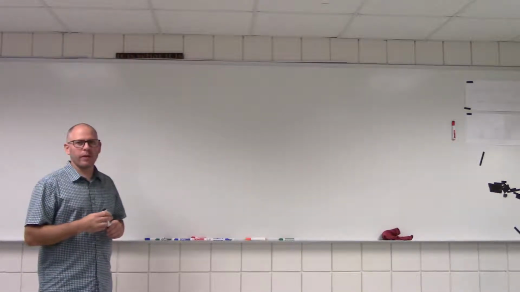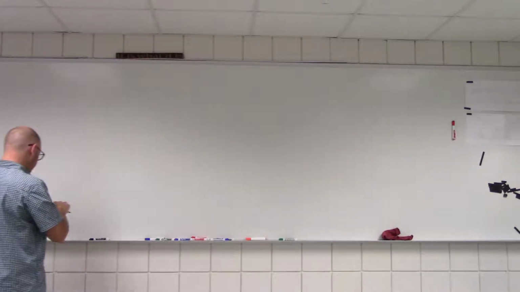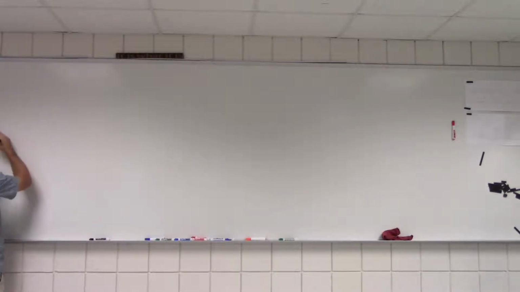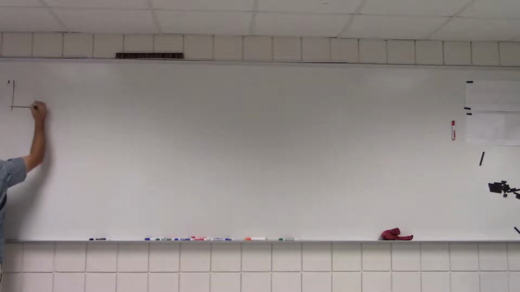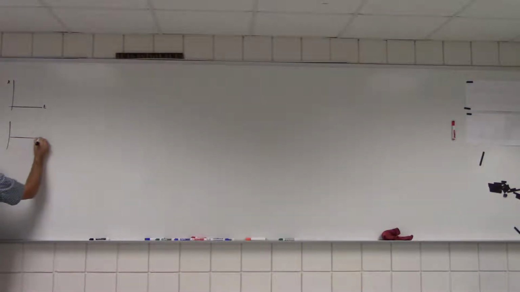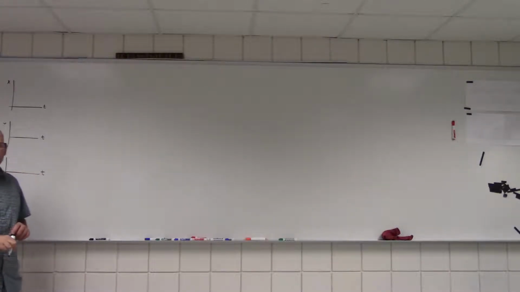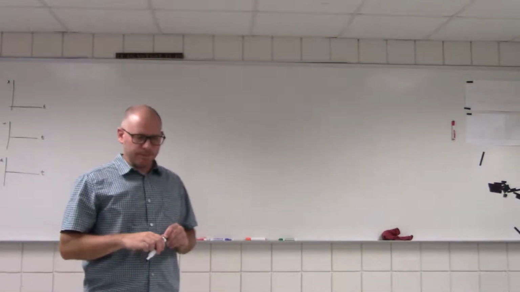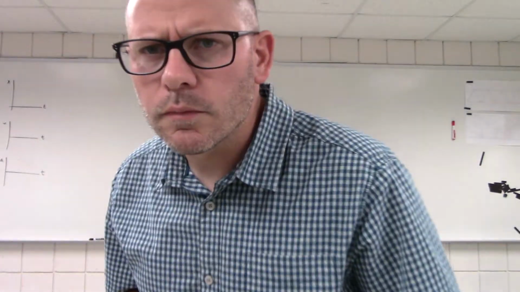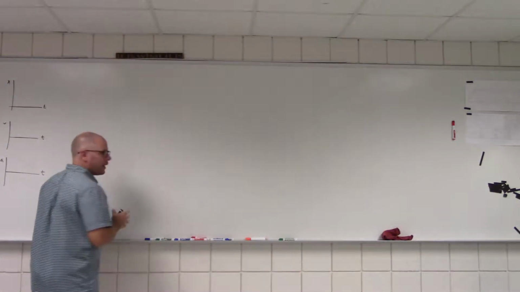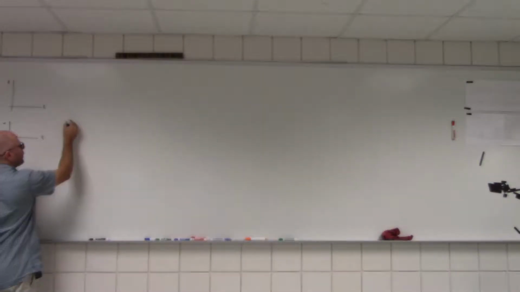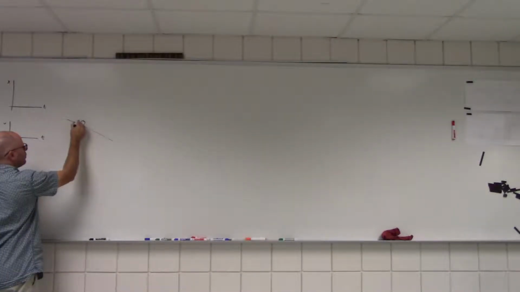In our discussions from the other day, what we realized was that if we were to look at position, velocity, and acceleration graphs, what we would see is that depending on the scenario of the situation, let's say we go with our standard situation here.